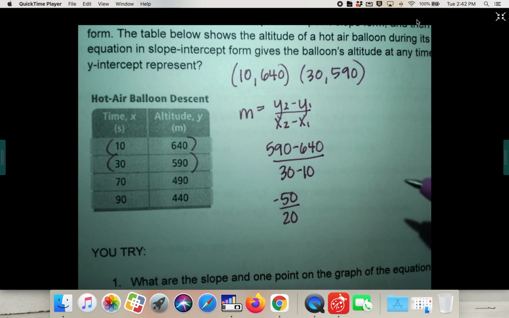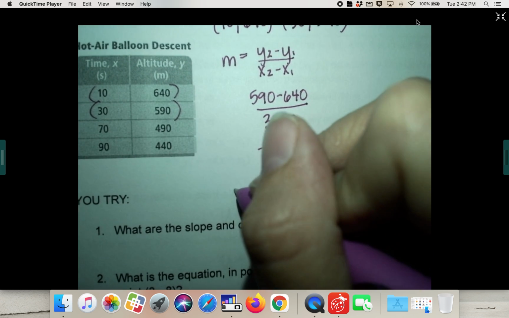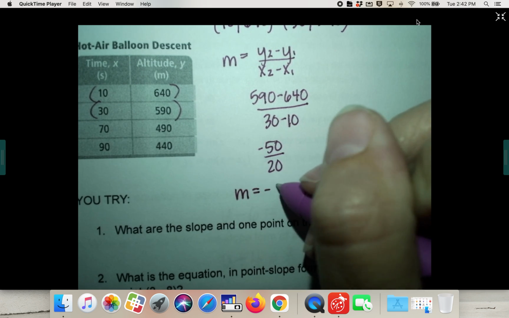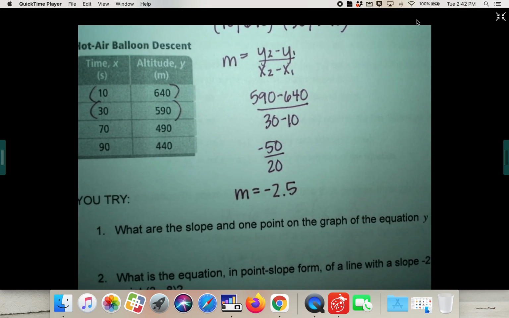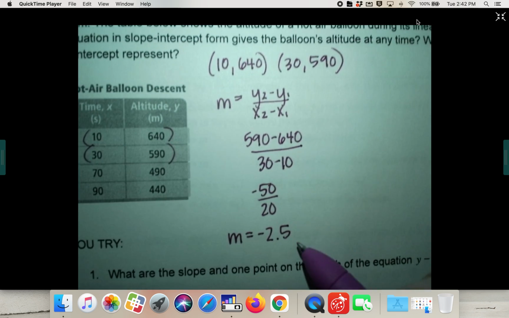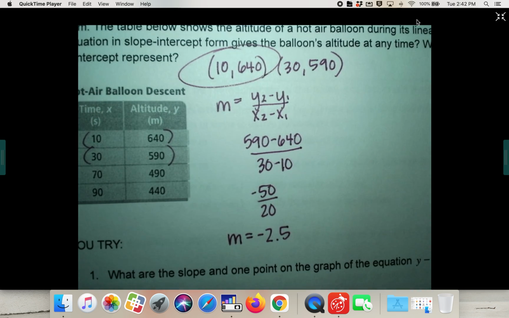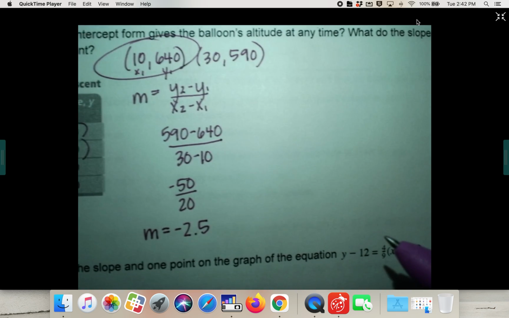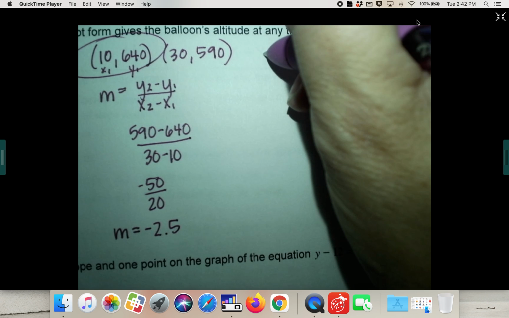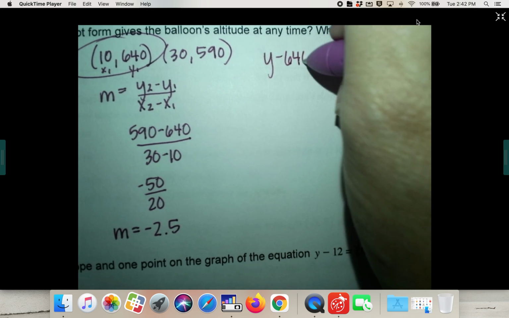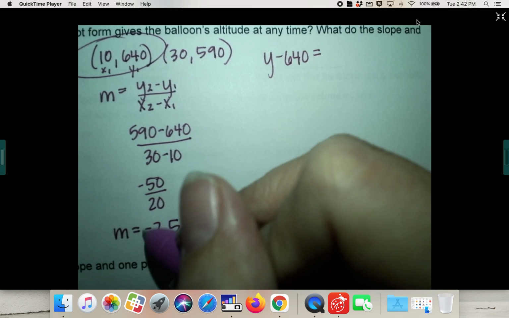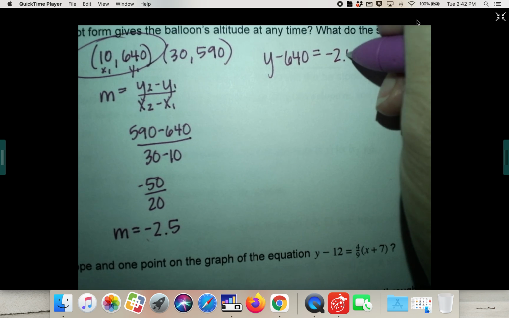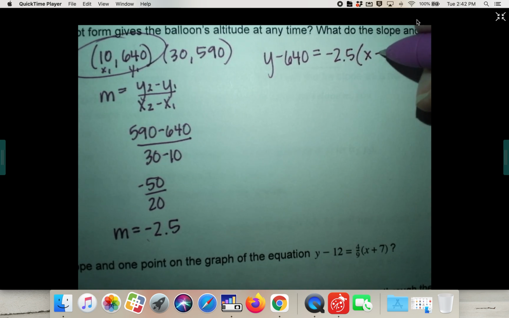Negative 50 divided by 20 is negative 2.5. So now I know my slope. If I know a slope and one of my points, doesn't matter which point you want to use, I can write an equation in point slope form. Y minus 640 equals my slope, negative 2.5, times the quantity x minus 10.